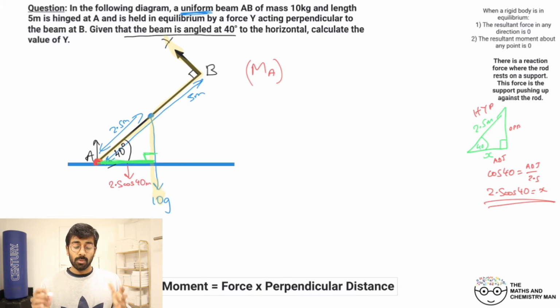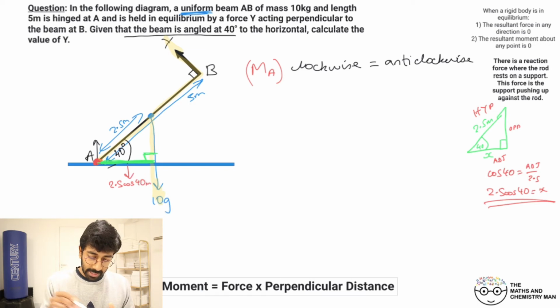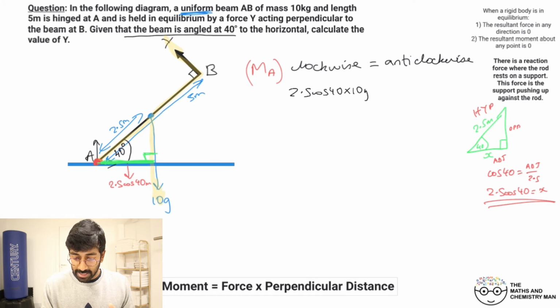And now that we've got that, we can calculate the moment, right? So let's set up clockwise is equal to anti-clockwise again. And now clockwise, we worked out our distance, and we've got our force here, 10g. So we just multiply those together. So it's going to be 2.5 cos 40 times 10g equals the anti-clockwise moment.